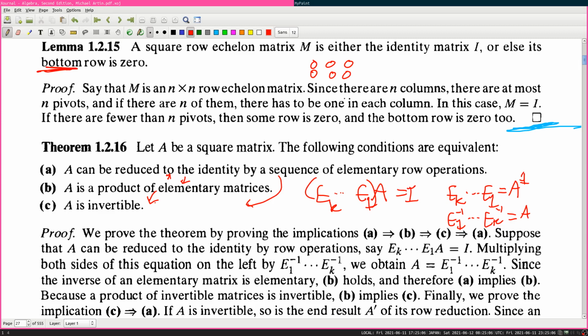The way he proves it, I don't care for the way that he proves that C implies A. He proves the contrapositive, which is that not A implies not C. But let's just read his proof.